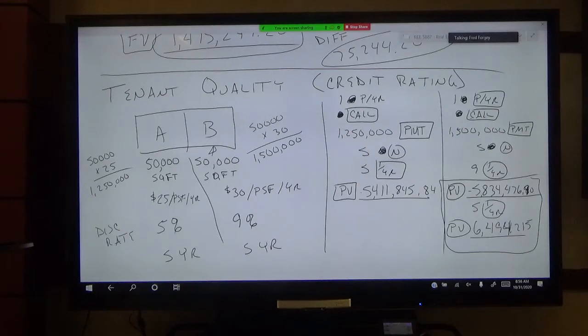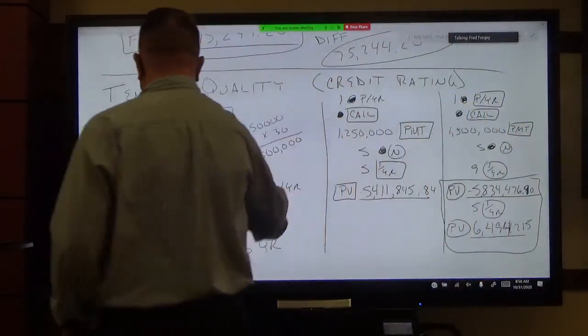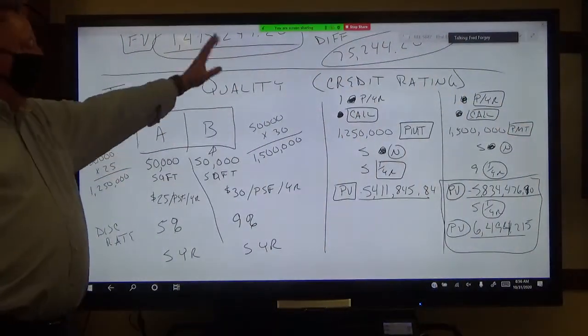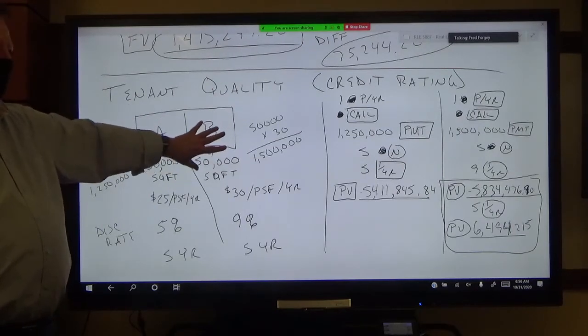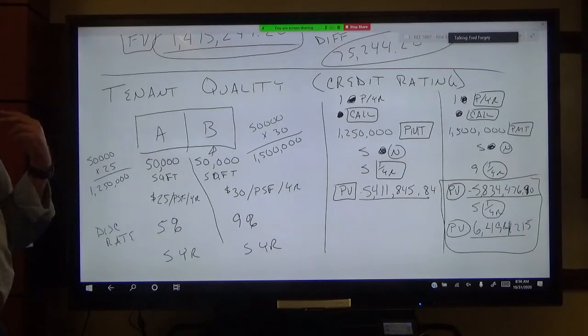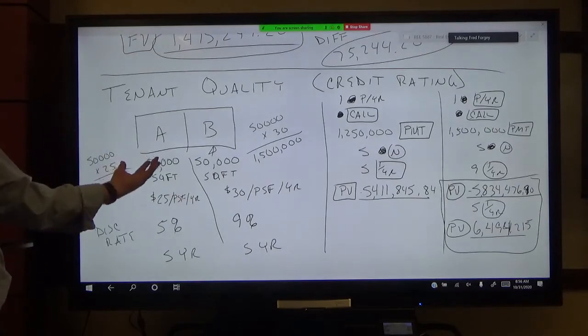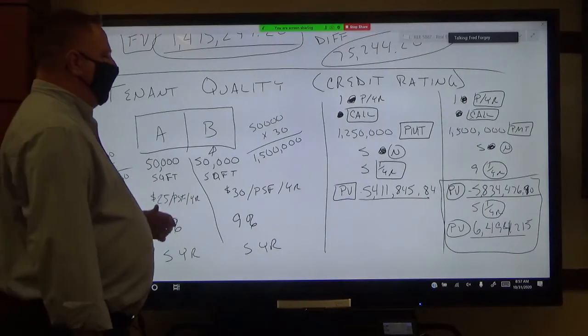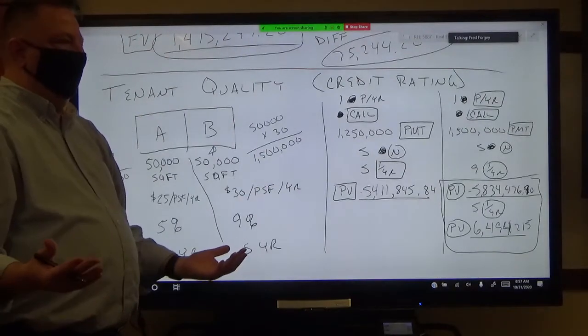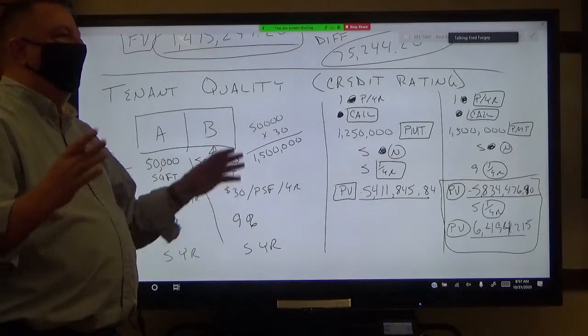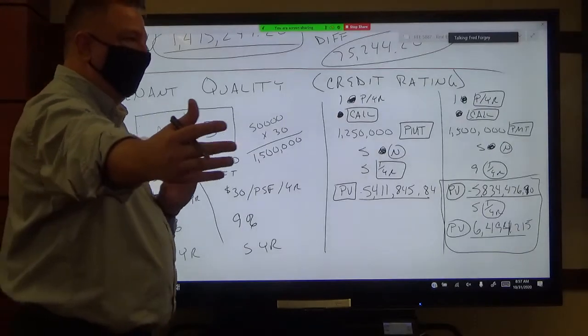Correct? Absolutely, and that was the other side of my point. Behind the scenes, the lender is doing this sort of calculation, in part to get a sense for what is truly the income that you're going to be generating off of this property, adjusted for risk.